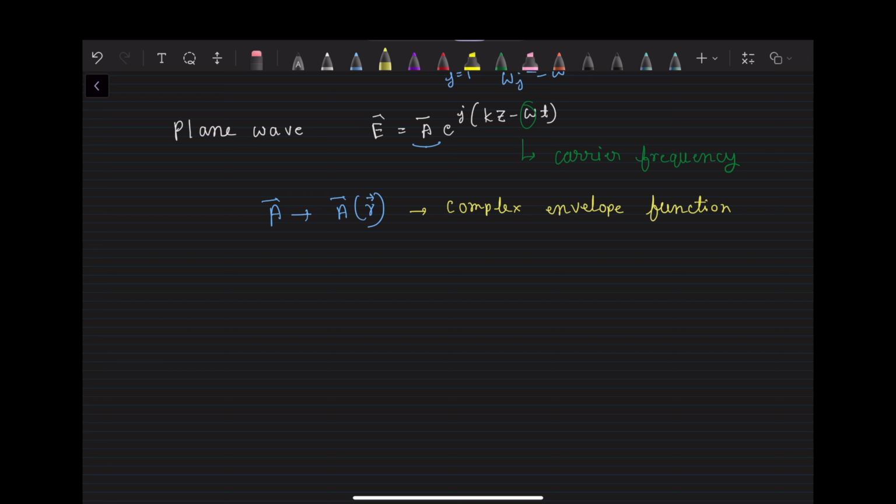So what I mean by that is, suppose we are looking at a wave traveling in the z direction. Now the optical frequencies will oscillate very fast. Then what A does is modulate this carrier part in a manner something like that. Okay, so it's the envelope function, it's the envelope of the carrier. This is a very common terminology in optics, so we'll be using it later as well.